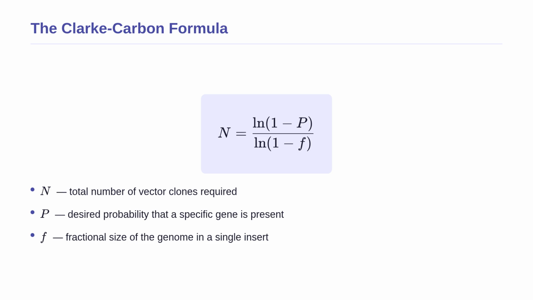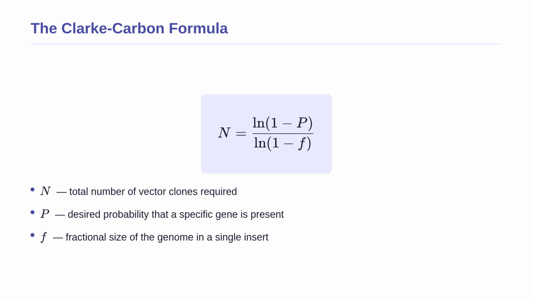To calculate the exact number of vector clones required, scientists use the famous Clarke-Carbon formula, which relies heavily on the laws of probability. The formula is N equals the natural logarithm of 1 minus P divided by the natural logarithm of 1 minus f. Let us understand these variables. N represents the total number of vector clones required to build a complete library.